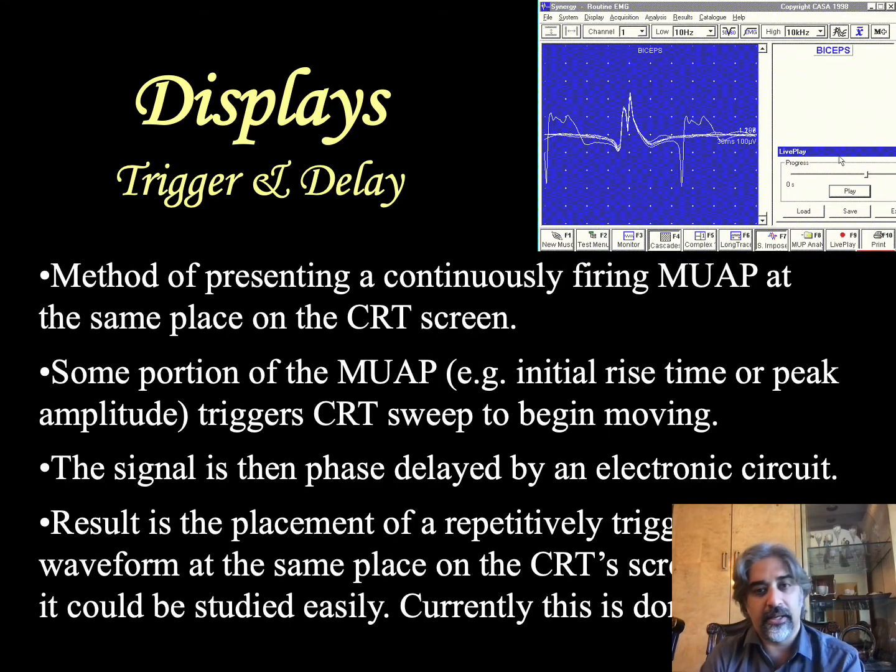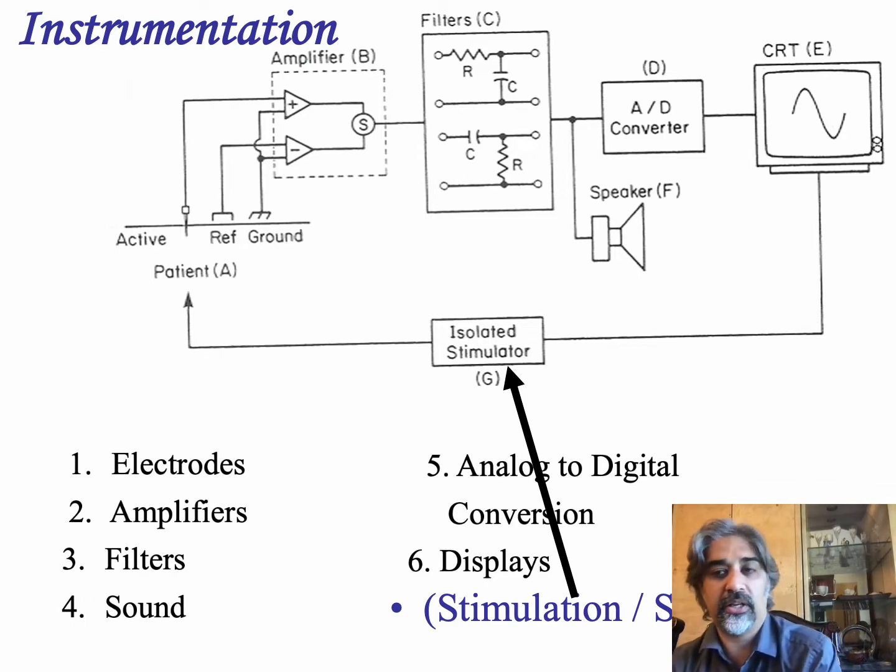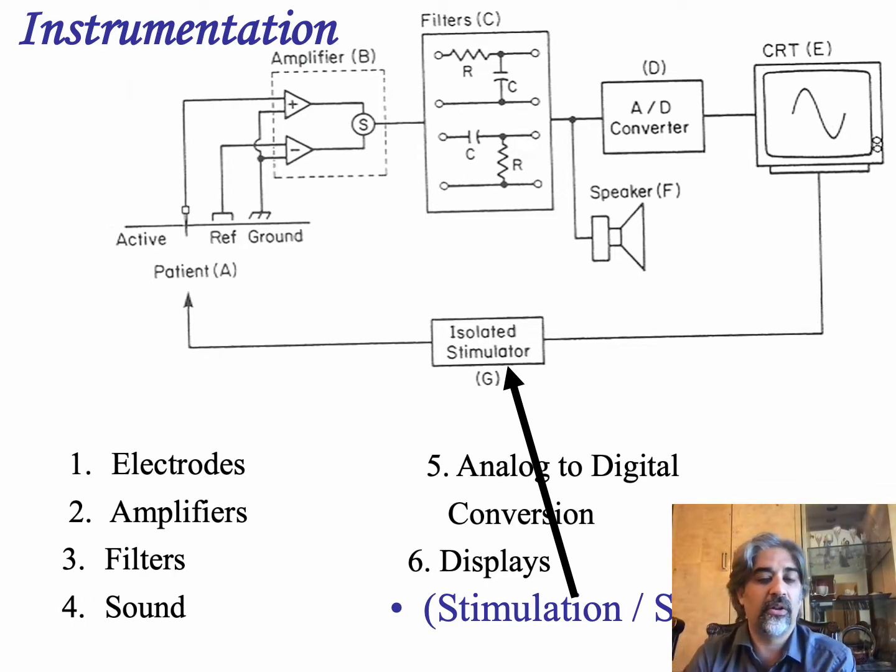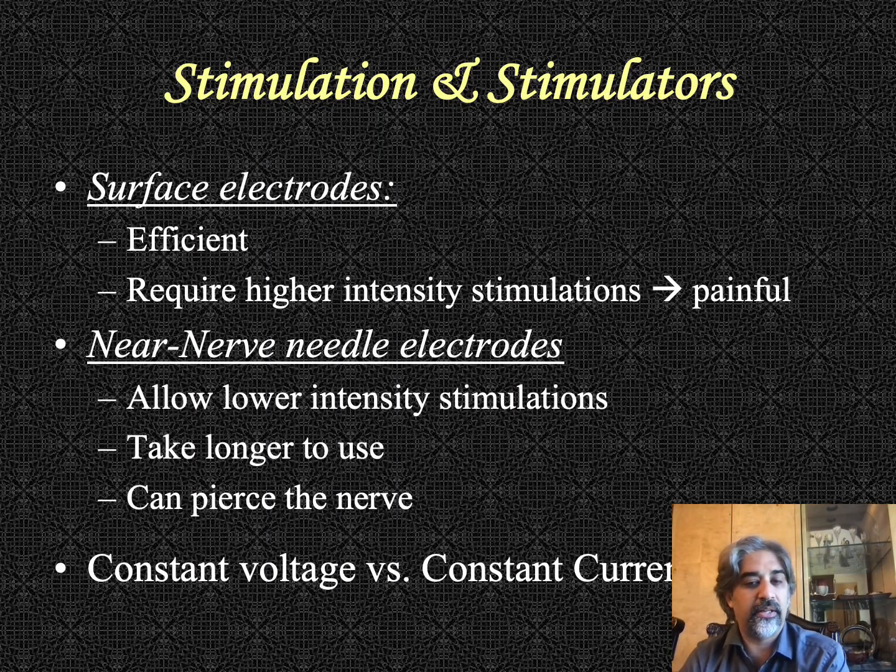Trigger and delay is a way to take a firing waveform and put it in the same place on the screen at the same time. Stimulation and stimulators is a whole other topic. Basically, you can stimulate the nerve by using a surface electrode that's attached to a battery.